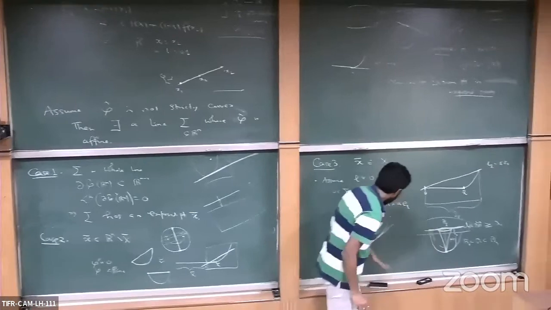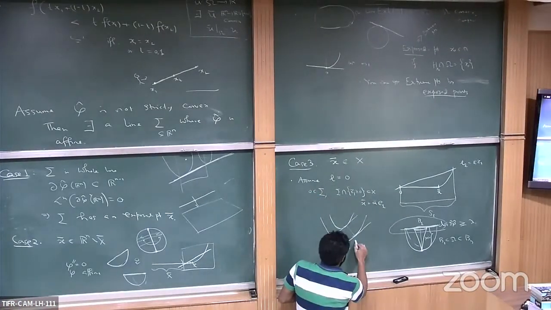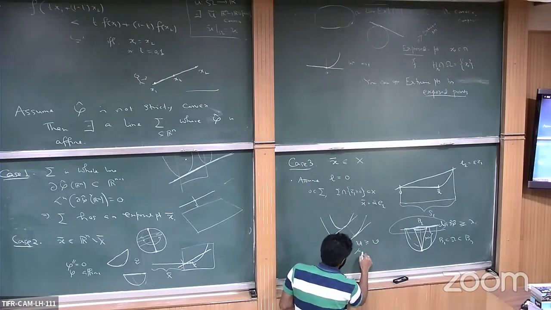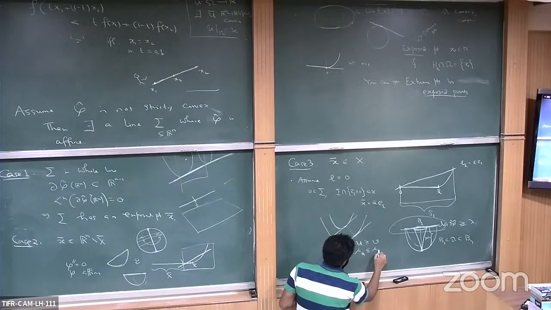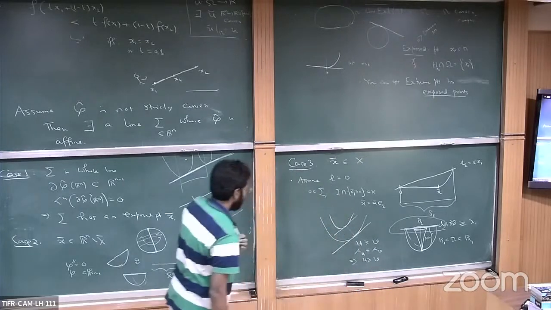So if u is bigger than or equal to v and the Monge-Ampère measure of u is greater than or equal to the Monge-Ampère measure of v, then this implies u should always lie above v.